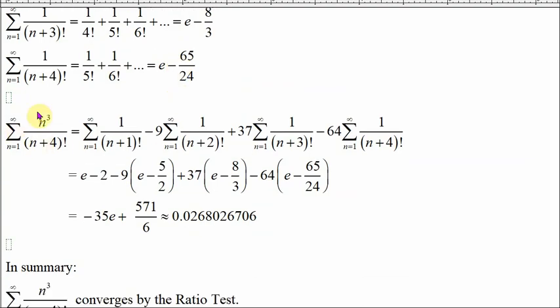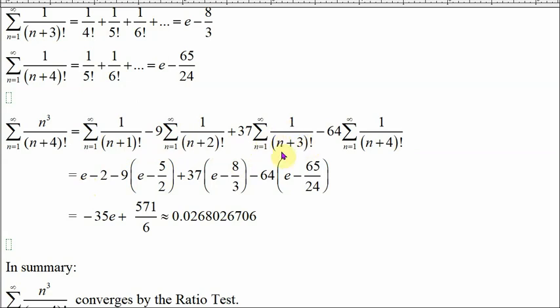Here's our original series again, and we rewrote it as a sum of summations right here. And we have just shown that the series with 1 over n plus 1 factorial is e minus 2. The series with 1 over n plus 2 factorial is e minus 5/2.